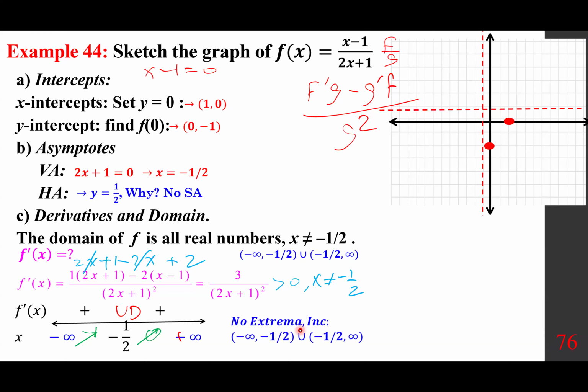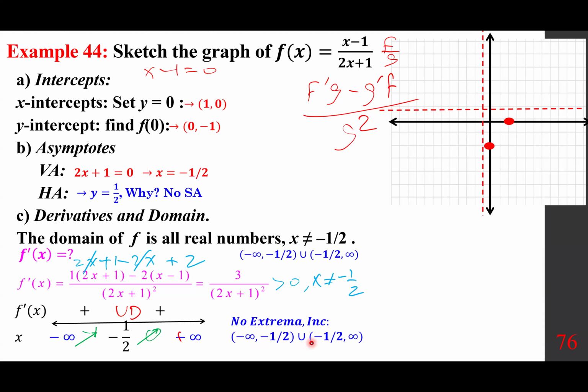You don't write from negative to positive infinity. Rather, you write negative infinity, comma negative 1/2, union negative 1/2 to infinity. That's how you do that, everybody. It's important to understand that, okay? This is again for the information as far as extrema.